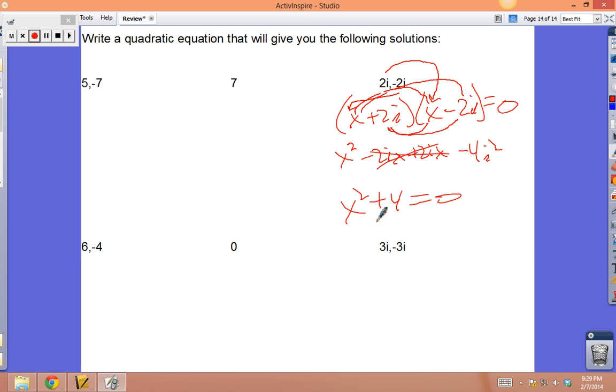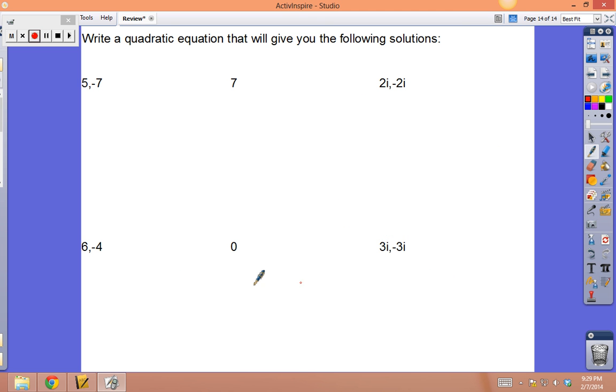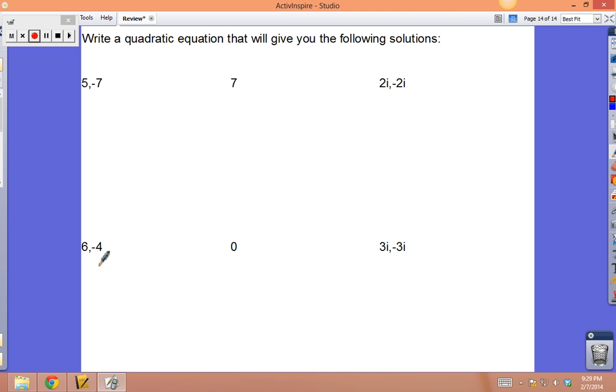And that works because if I do x squared equals a negative 4 and square root, it is plus or minus 2i. Okay, this one, let's change it to 6 and a negative 4 thirds. You're going to have to do one with a fraction. So same approach. I'm going to go x minus 6 and x plus 4 thirds equals 0.